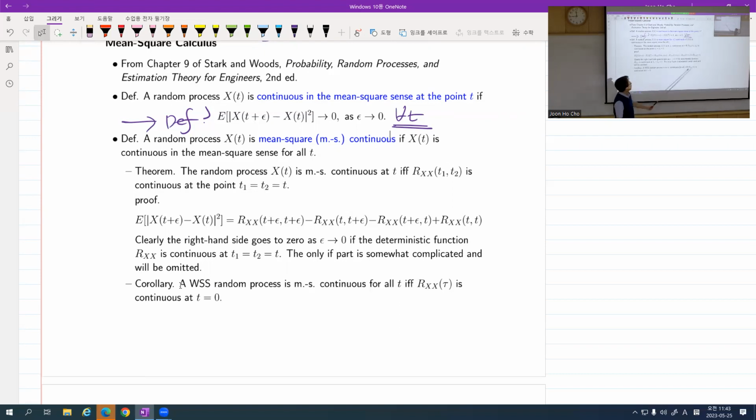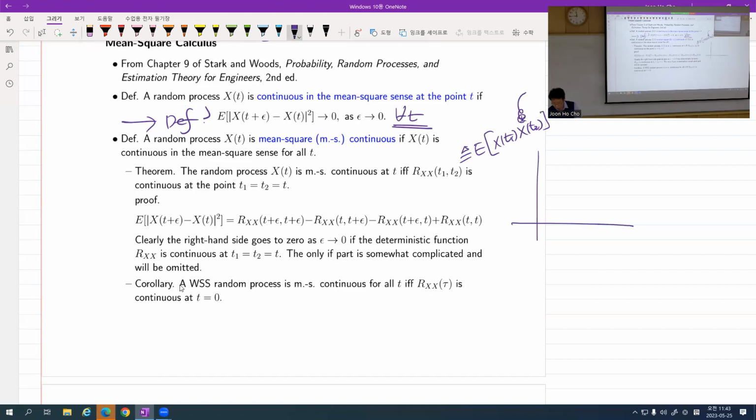What does this mean? By the way, what is this one? You still remember? It is defined as the expectation of x of t1 times x of t2, and if you want, you put the conjugate on the right side. That is the convention. If x is a real valued process, you don't need this.